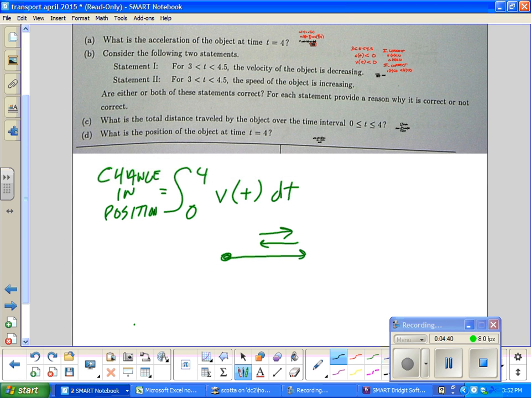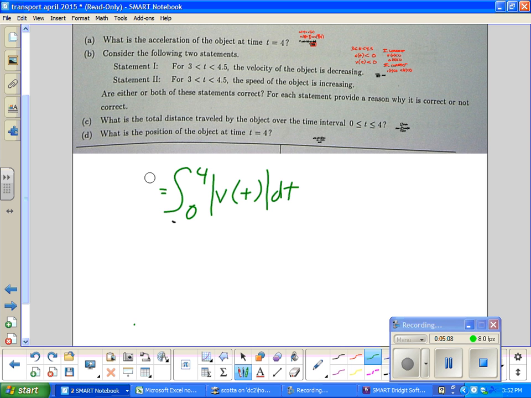What the antiderivative here from 0 to 4 is going to do is tell us this. What we want is this, the longer path. So all we have to do in the calculator section is know that we have to tell it we want distance.